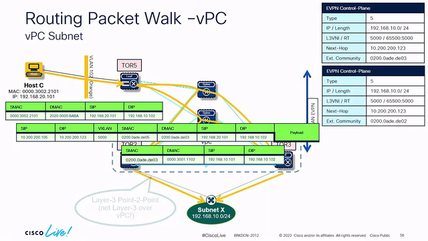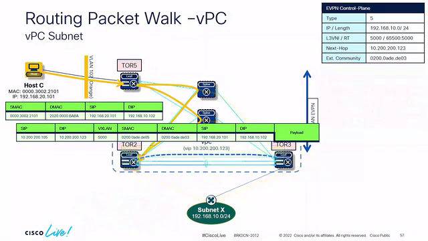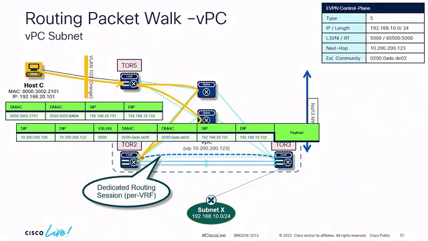The first thing is to dual home this network to both of the VPC peers using layer 3 point-to-point links, so both of the VPC peers learn about this network. But let's say that you have only a single port which you can connect. Then this is not a solution. What you can do is create a dedicated routing session between the two VPC peers.